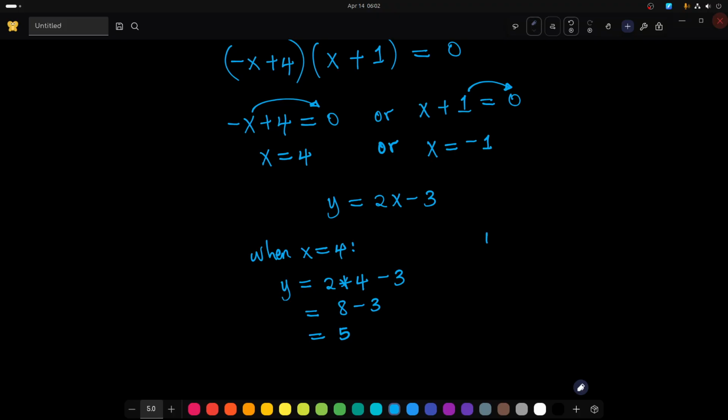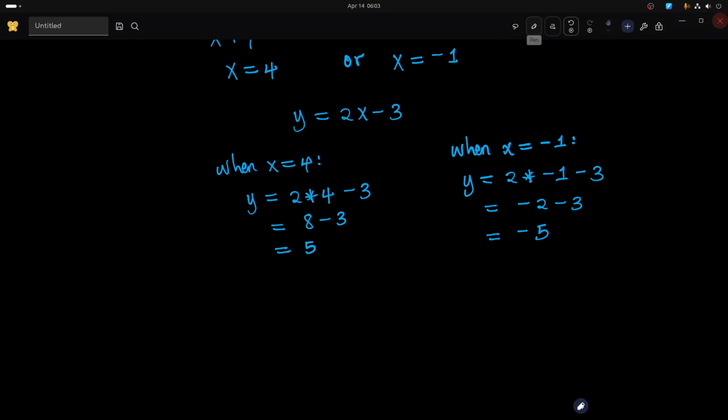And then when x is negative 1, then y is going to be 2 times negative 1 minus 3. So this is negative 2 minus 3, and this is going to give us negative 5.